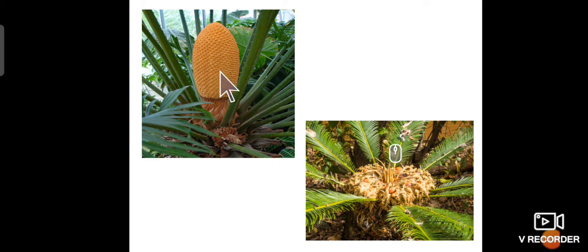The male cones are cylindrical or ovoid in shape, whereas the next picture is of the female cone, and here the megasporophylls are usually long, rhomboid, and also possess sharp teeth along the margins, and they bear small orange ovules, as you can see. Each megasporophyll bears up to about 12 ovules.